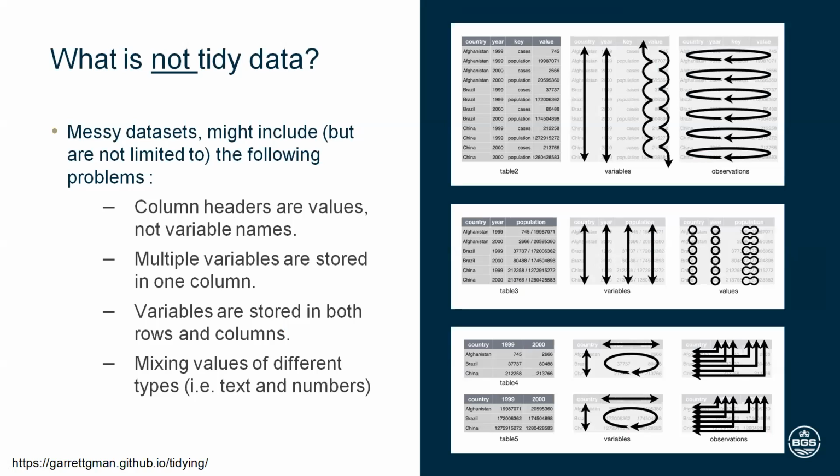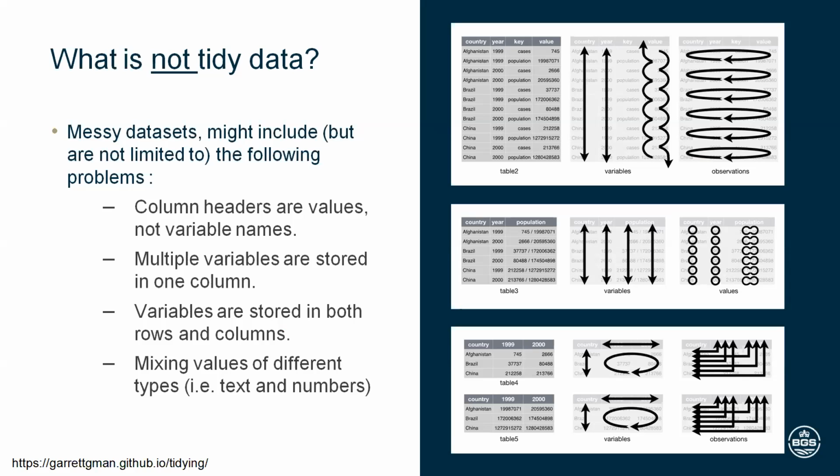So what are some examples of messy data sets? Well, typically messy data sets might involve mixing variables and observations, or having more than one observation in a particular cell, or a combination of those. It might involve using column headers as values and not variable names.